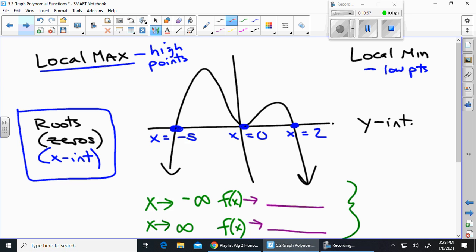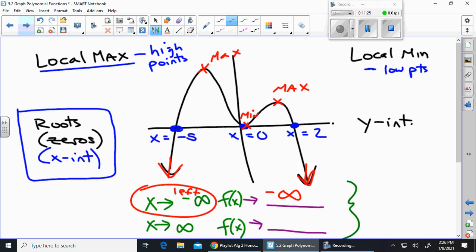Okay, so when you look at this picture, this is a max. It's a high point. That's a min. That's a low point. That's a max. That's a high point. These are nothing. Those are just going down to infinity. That's actually end behavior. So end behavior, where's my arrow going to the left? Negative infinity is left. My arrow's going down.